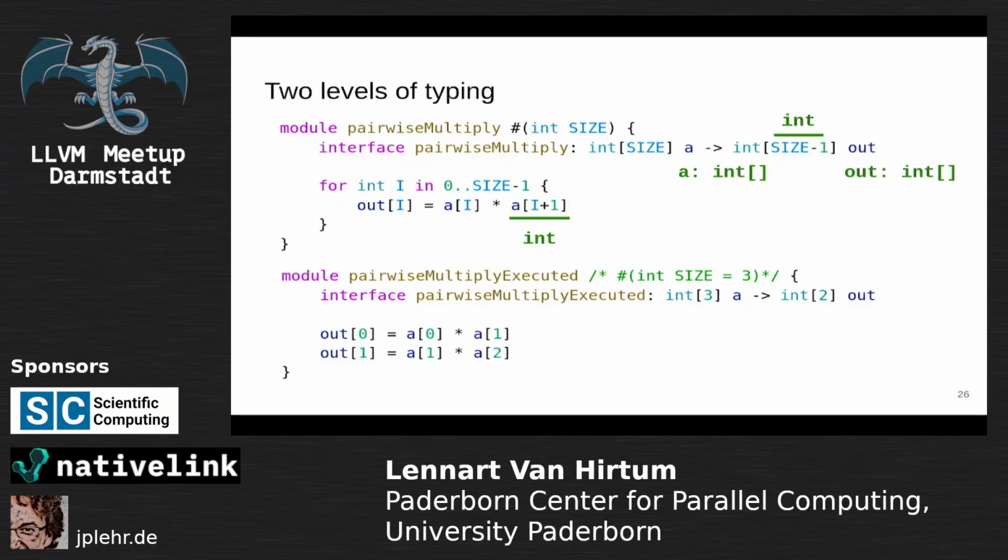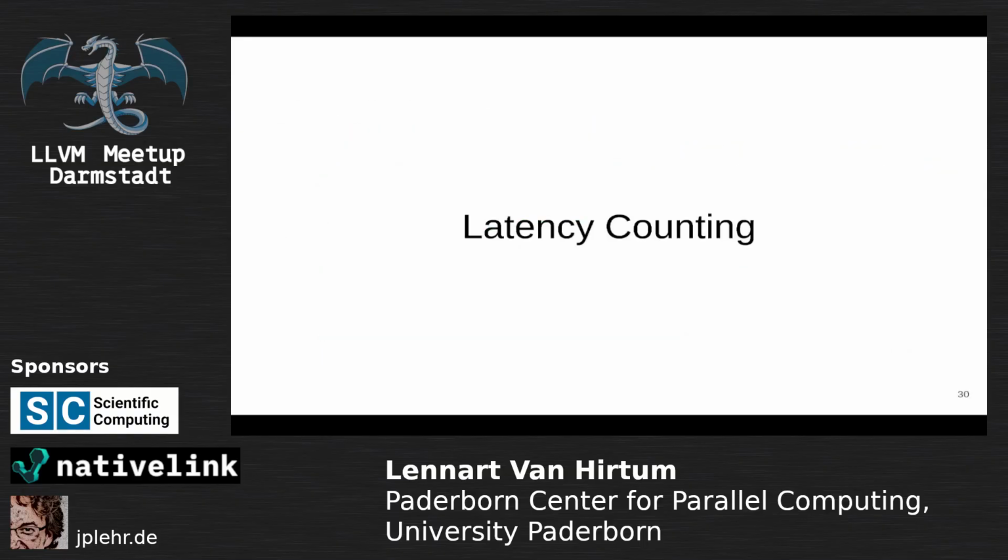And now that we have concrete values and concrete integers for our array sizes, we can do concrete type checking. And we can see, okay, are all of our array indices in bounds? If I'm assigning arrays to arrays, are these sizes the same, etc. And so by having separate abstract and concrete typing, we can get the benefits of both worlds. Of course, it's twice as much typing implementation work, but I'll take that on.